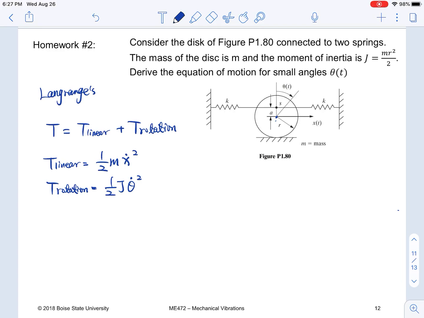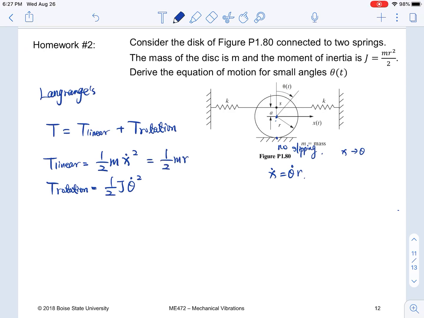And because we assume there's no slipping in the system, that means your x and theta are directly related. According to the relationship I gave you during the class, your x dot is just theta dot times the height r. So that's why your x dot can be replaced by theta dot.